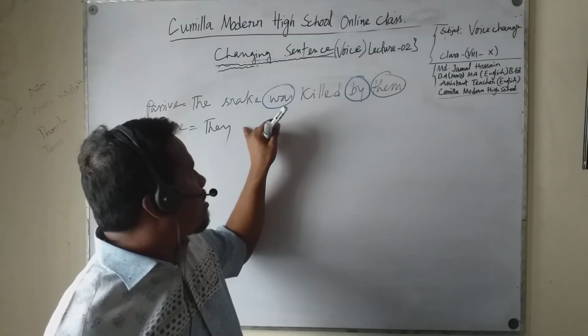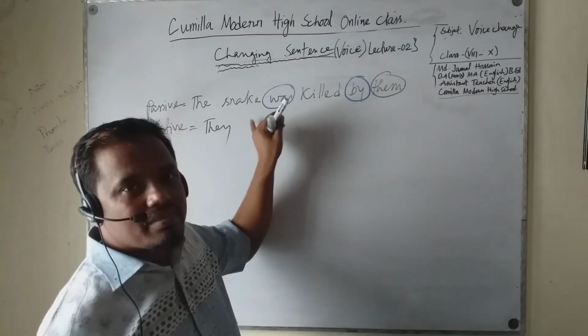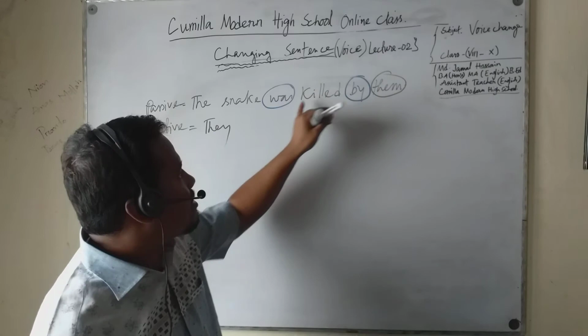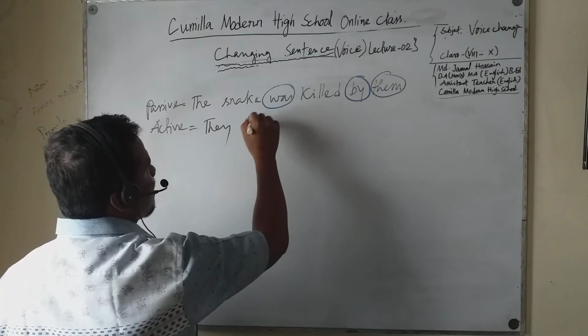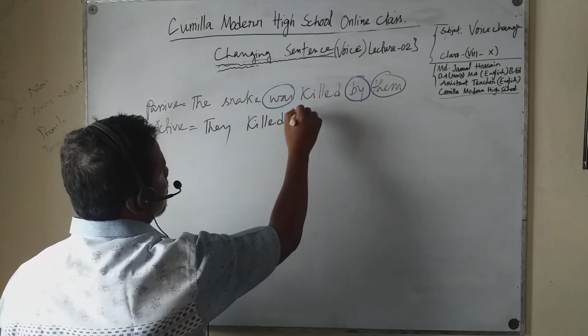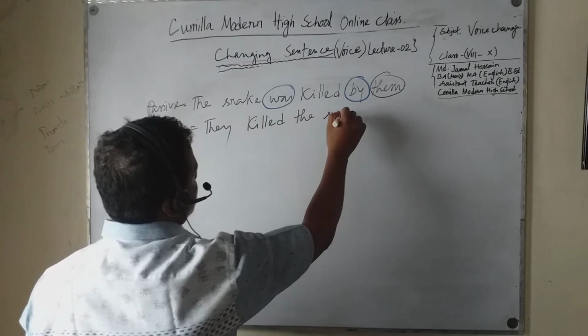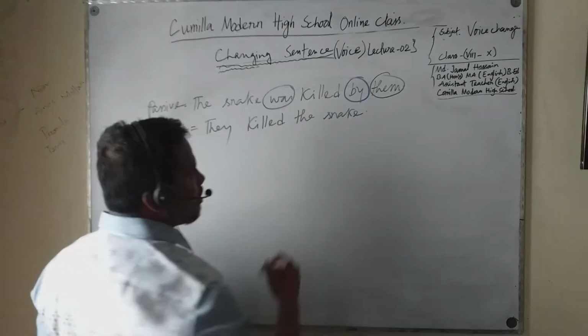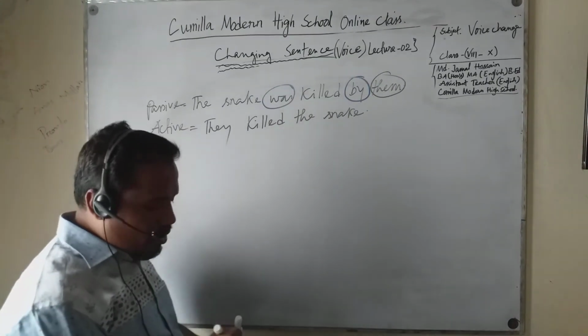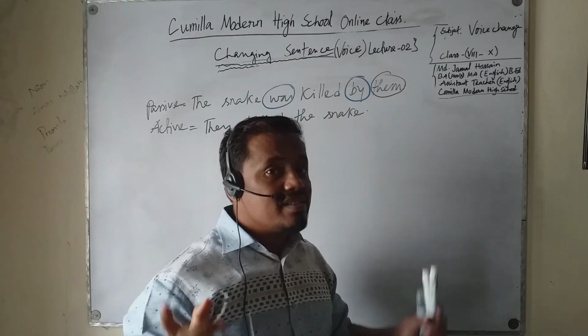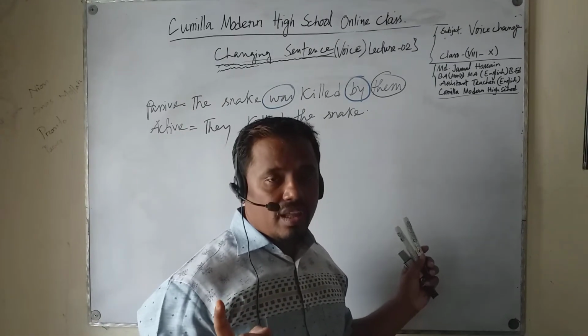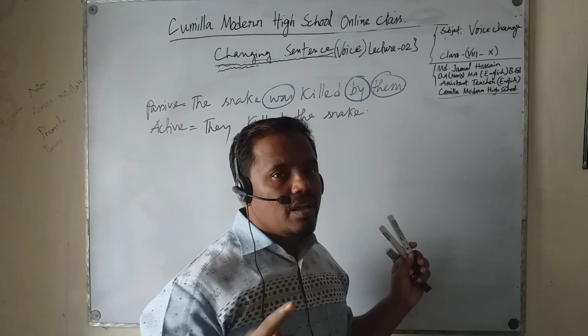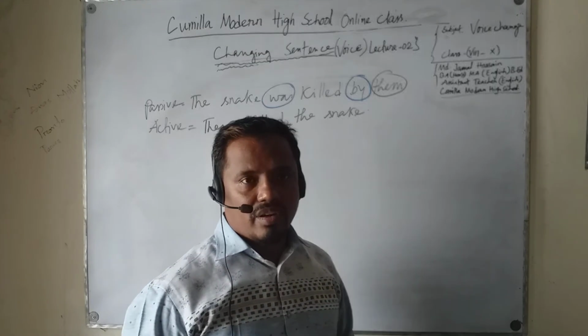The structure of the sentence will be subject plus V2, that is the past form of the subject. They killed the snake. Okay. First of all, you will identify the sentence, in which tense the sentence is belonging.